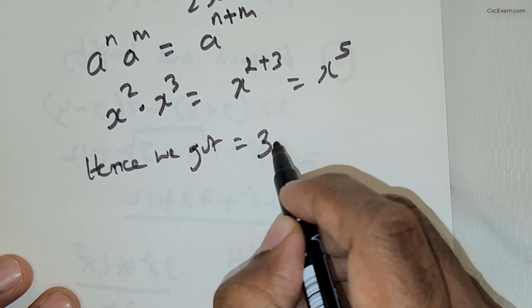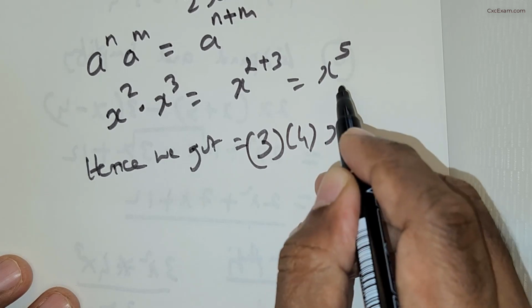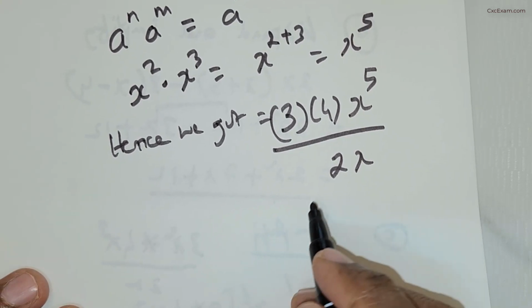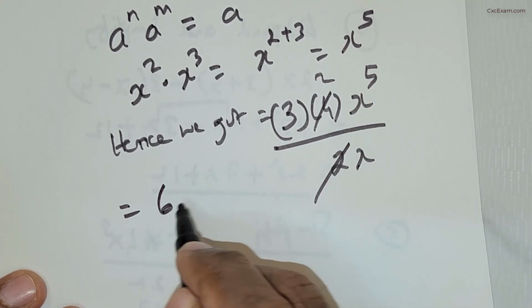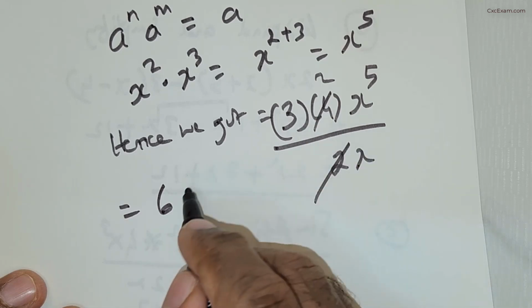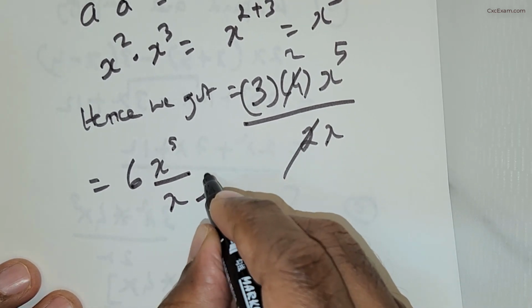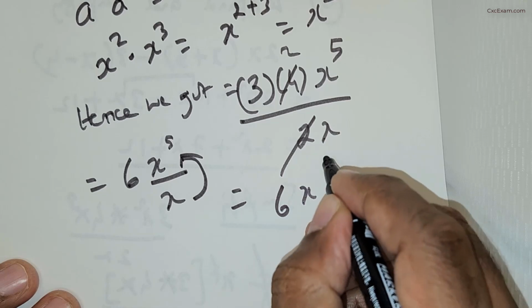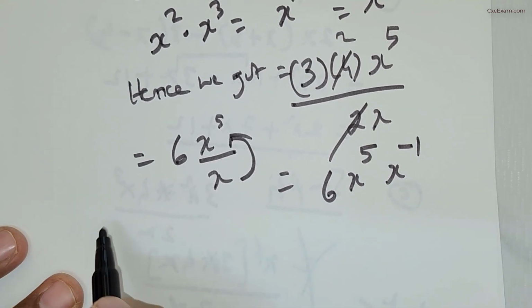So hence we have 3 times 4 times x raised to the power of 5 divided by 2 times x. Of course 2 can divide 4 two times, so 3 times 2 is 6, times x raised to the power of 5 divided by x. You can take this to the numerator and rewrite it as 6 times x raised to the power of 5 times x raised to the power of negative 1.